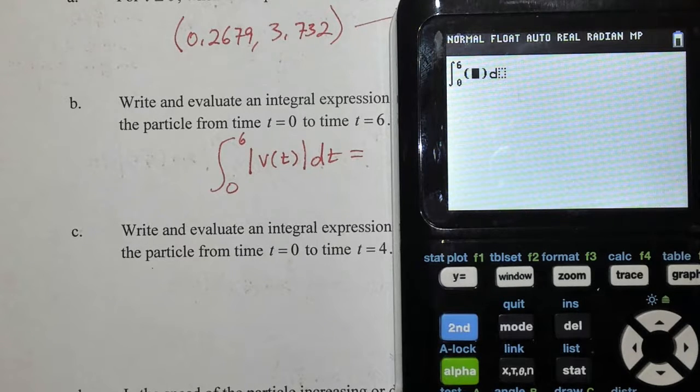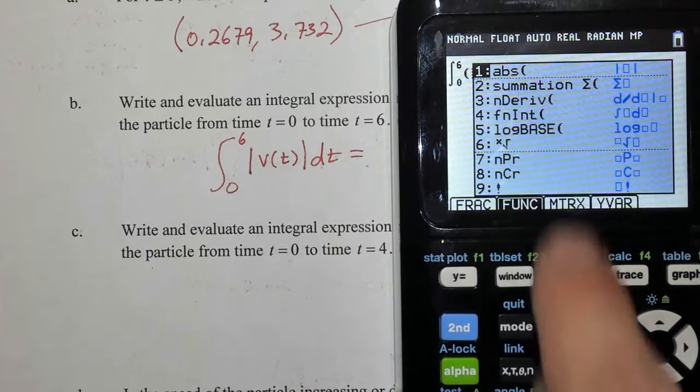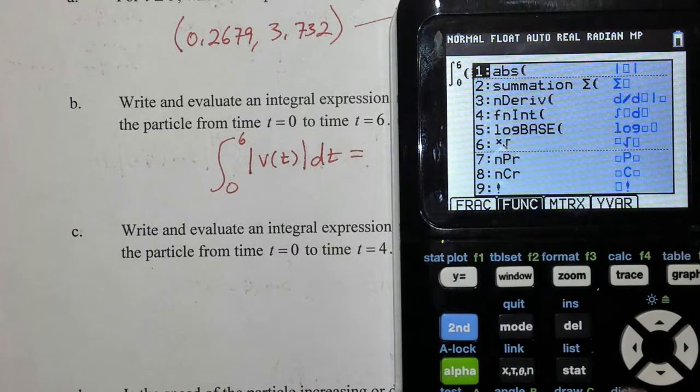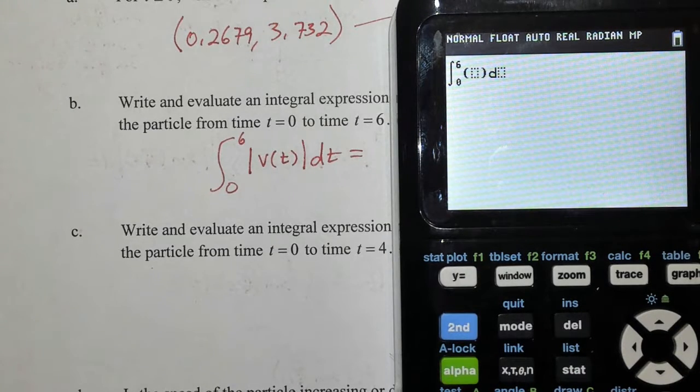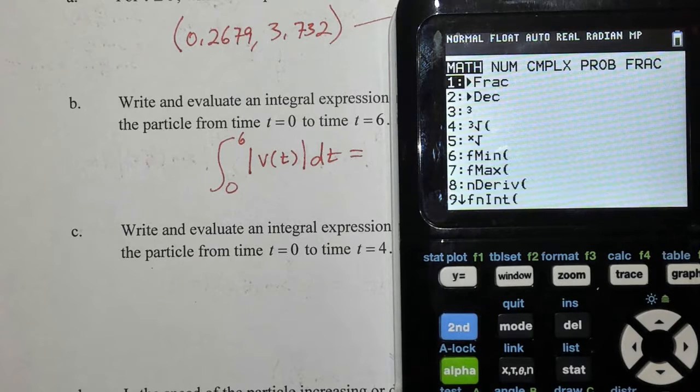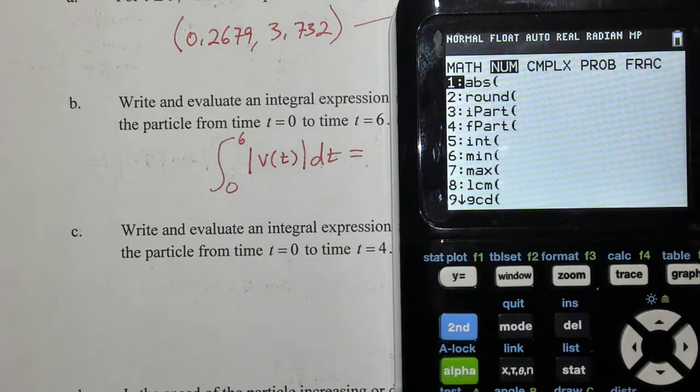And we need absolute value, which can be achieved one of two ways. If you have the new operating system, you do alpha window, and it's right there as option number 1. If you don't have the new operating system, or if you just want to do it the old-fashioned way, you hit the math button, then go over to the num menu, and you'll see it right there as option number 1.